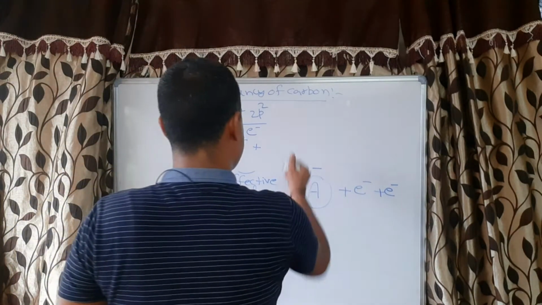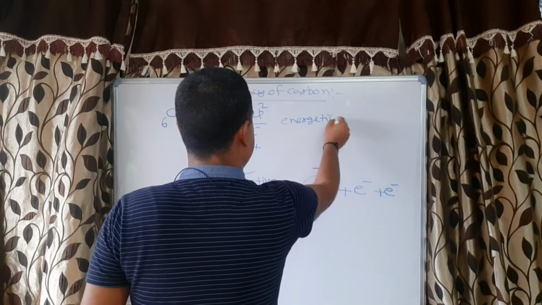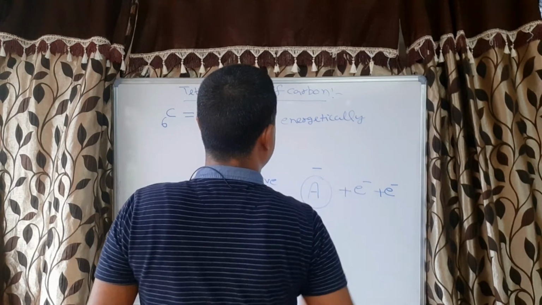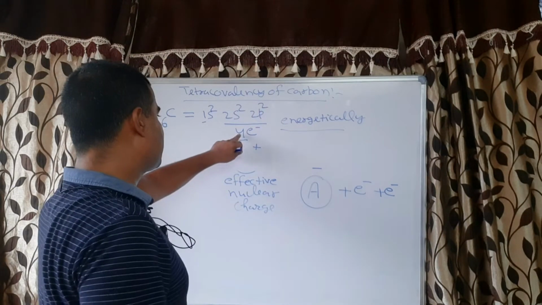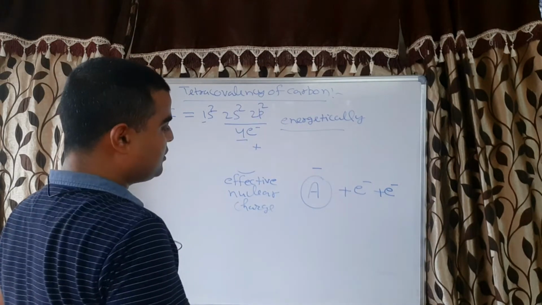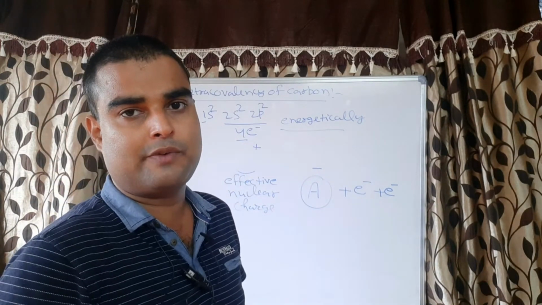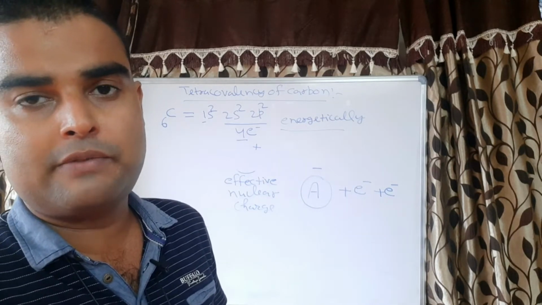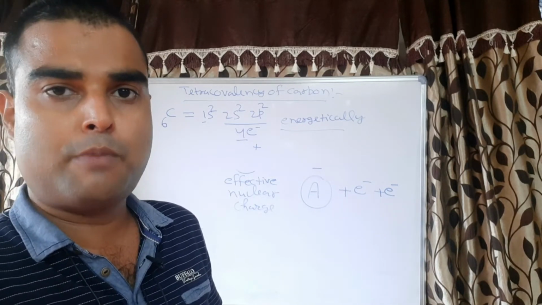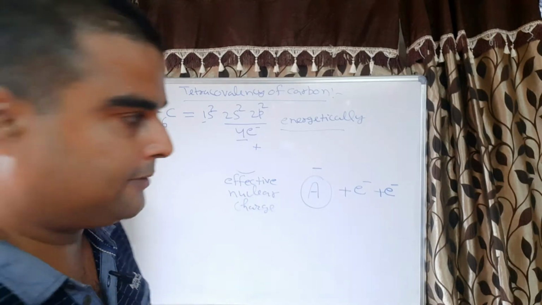It means energetically it is very difficult for carbon to gain 4 electrons or lose 4 electrons. Since it is very difficult for carbon, how will it form the 4 bonds? How will it complete its octet?